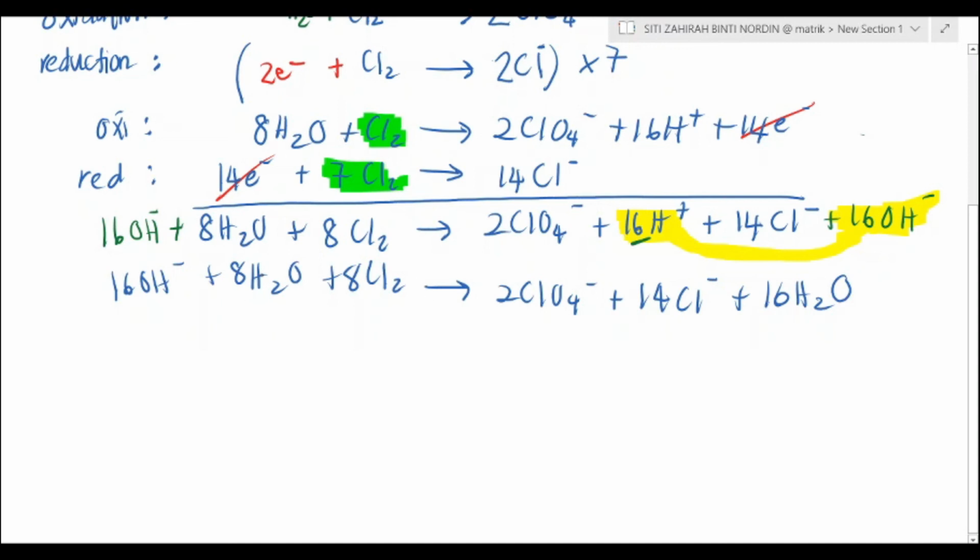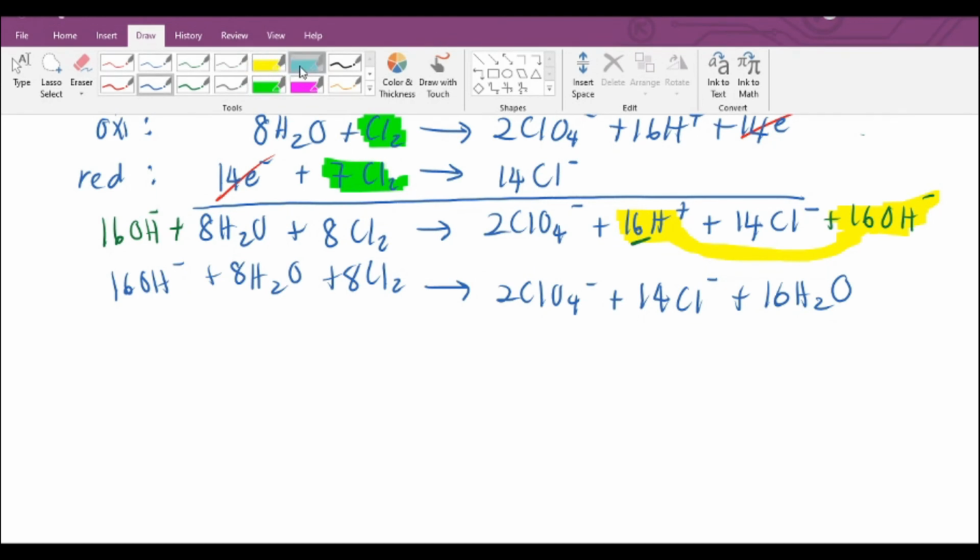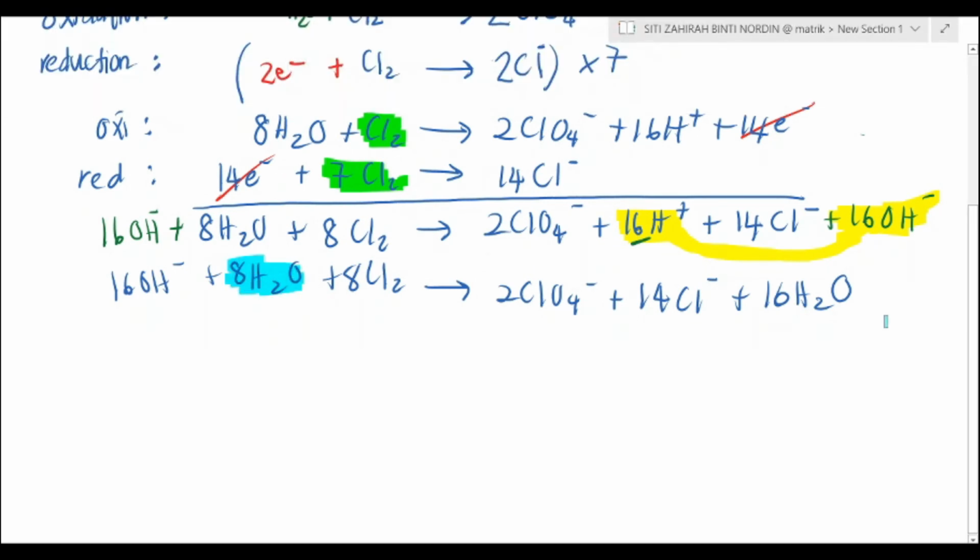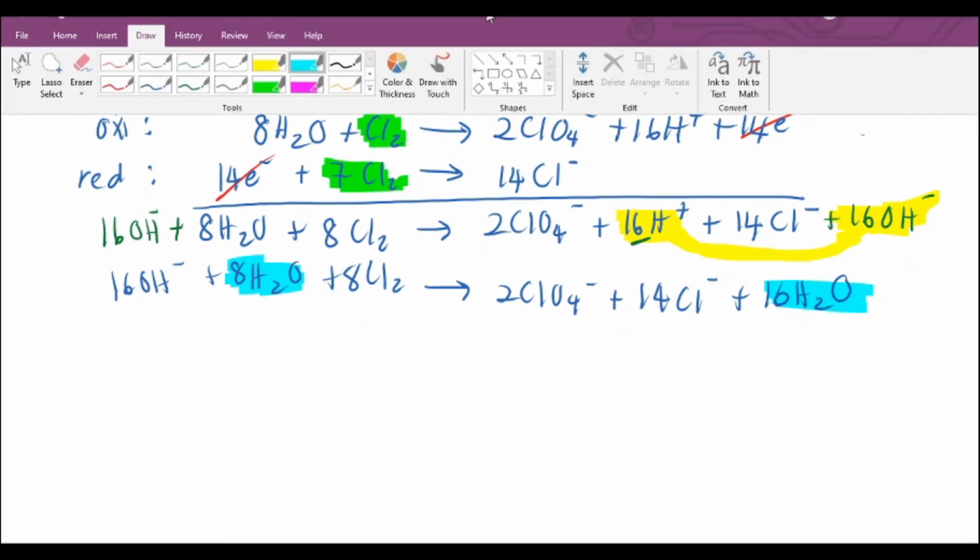Look back at your full equation. Do we have the same compound? Yes, we have 8H2O and 16H2O. They are on opposite sides, so we should subtract them, and the balance should be on the, is it reactant or the product side, class?